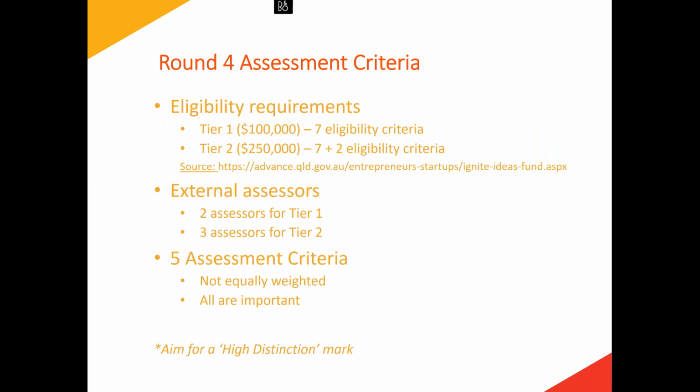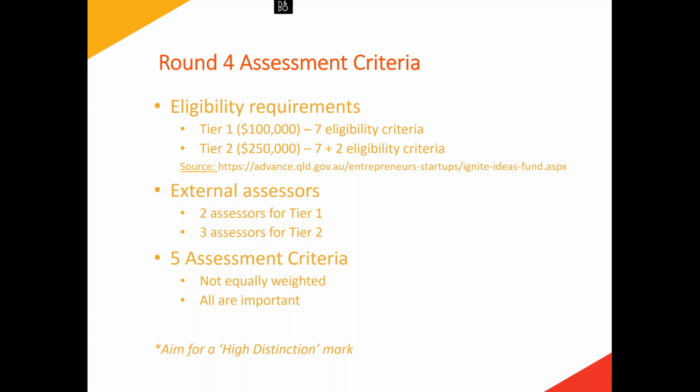So with round 4, with the assessment criteria, there's 2 tiers as per previous rounds. Tier 1 up to $100,000, and there's 7 eligibility criteria. Tier 2 is up to $250,000, and there's 7 plus another 2 eligibility criteria. All of that information can be found on the Advanced Queensland website.